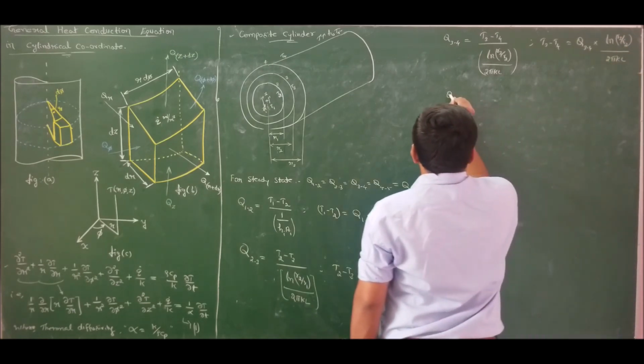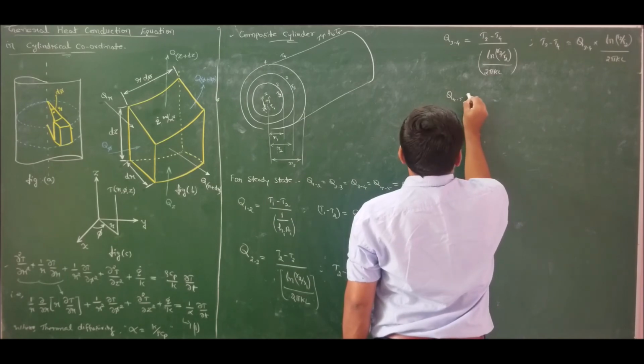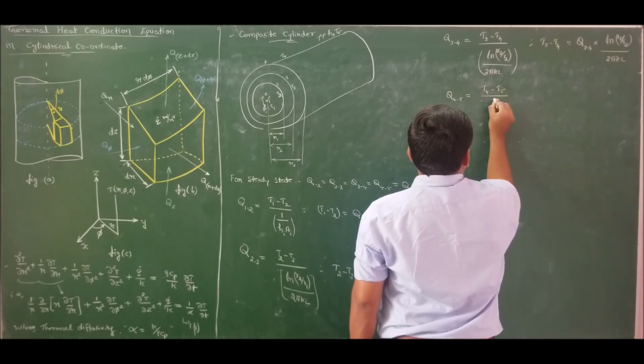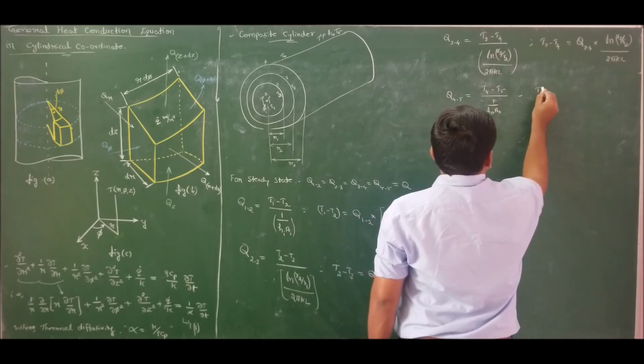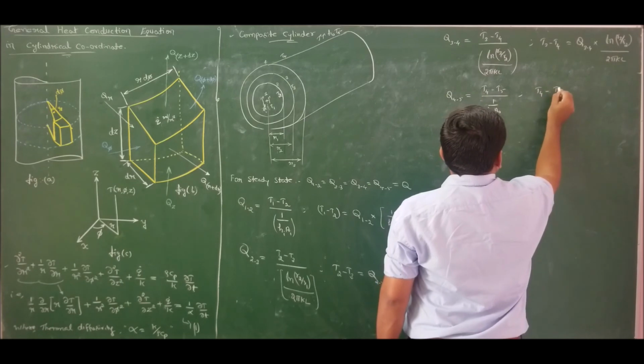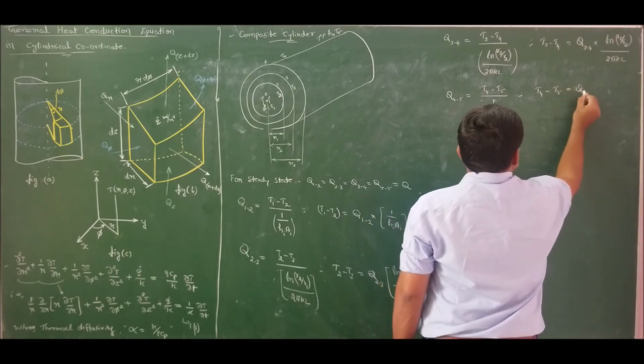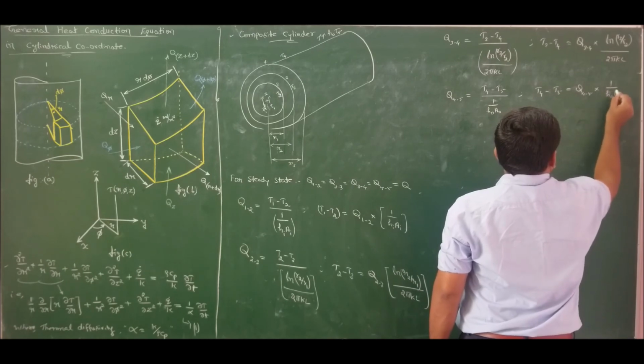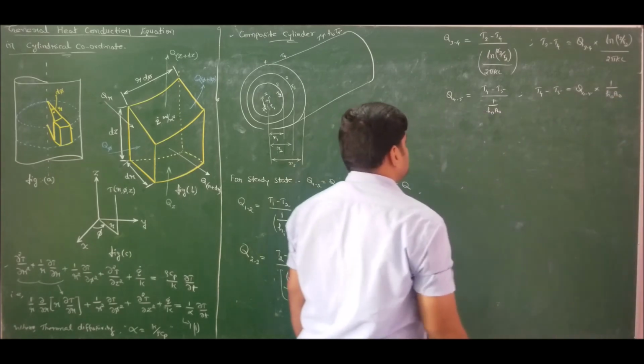And finally we have Q45 by convection. Therefore it is T4 minus T5 by 1 by H0 A0. So hence I can write T4 minus T5 as Q45 times 1 by H0 A0.